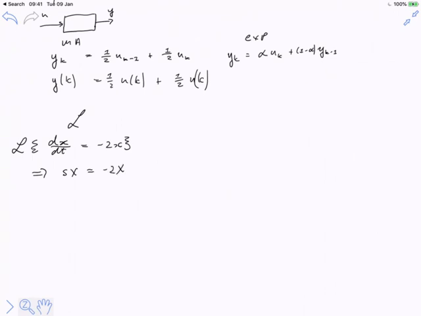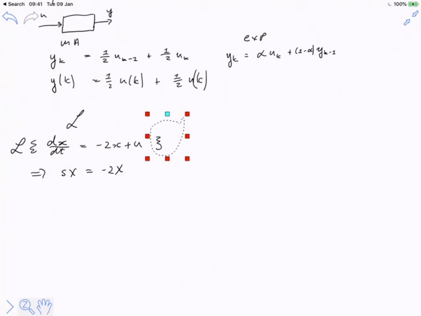And we could pose that as a function of S, a Laplace transform. Now, if we had an input in there, so let's say we change this a little bit so that we have an input, we would get a U of S as well. So all of these things are functions of S.